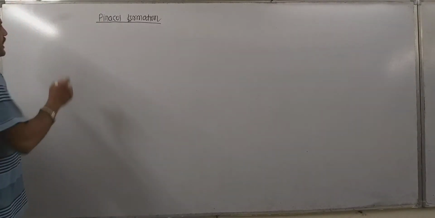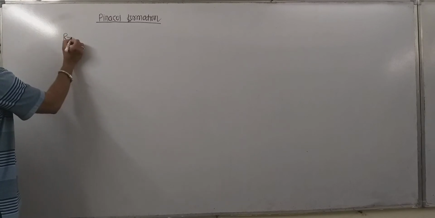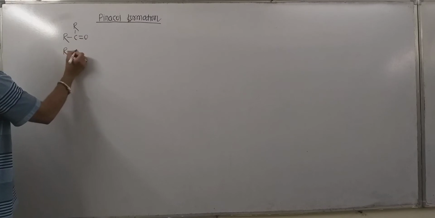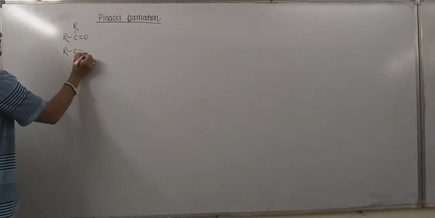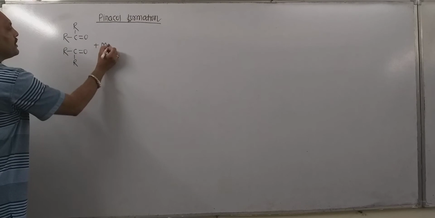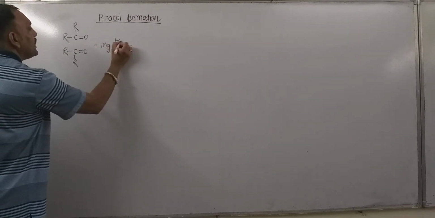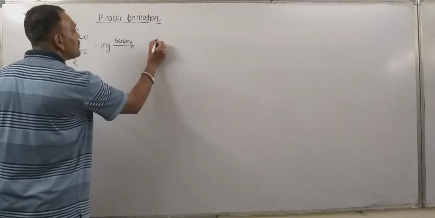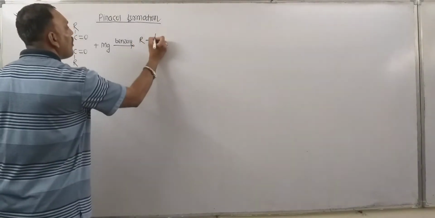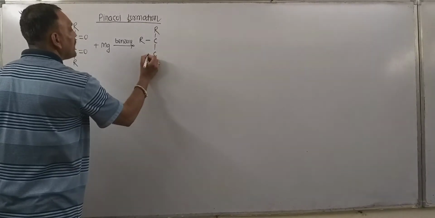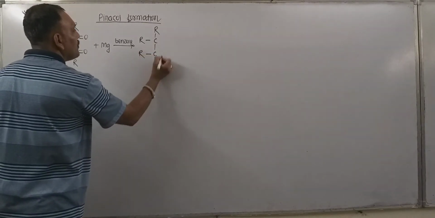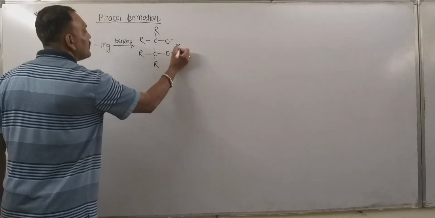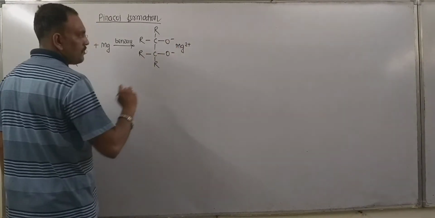Now take a look. Ketones can be represented as RCOR. When ketone is treated with magnesium metal in benzene, first of all addition takes place, and this is the addition product so obtained.